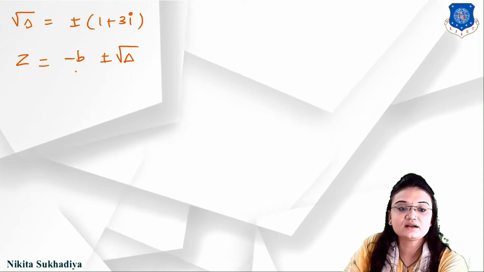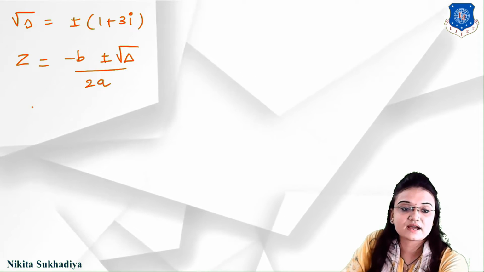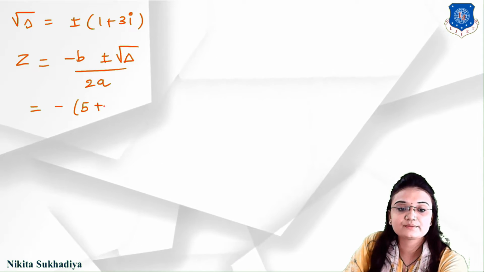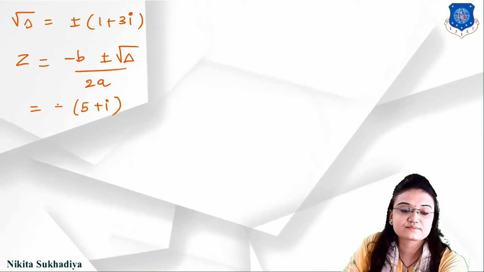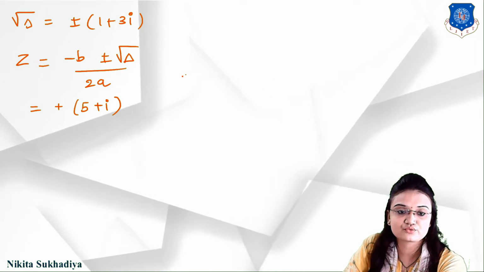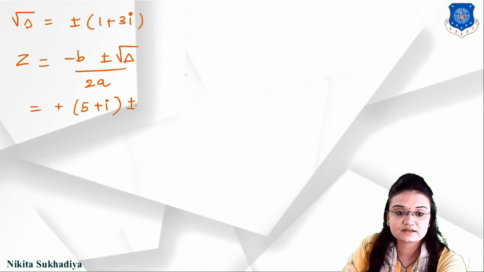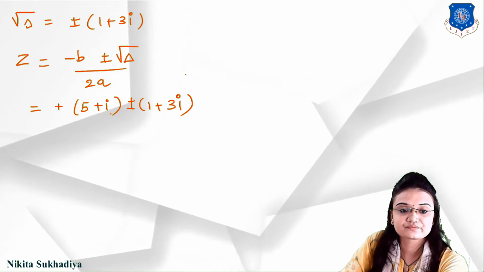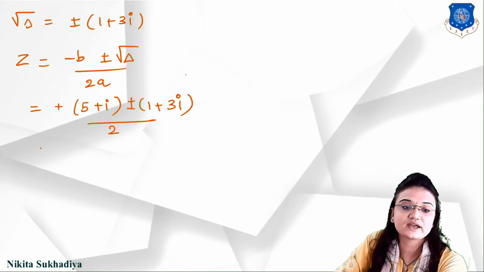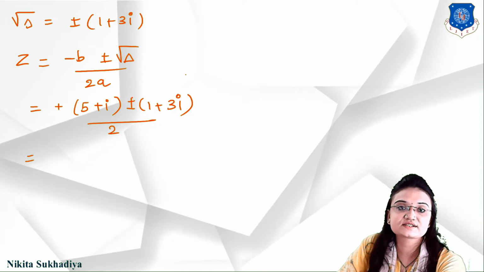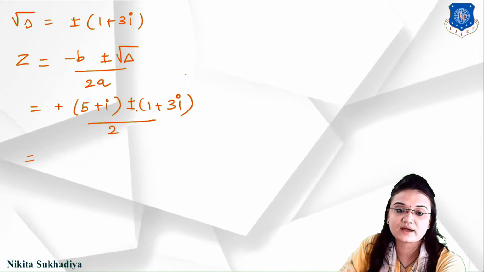So the solution for this quadratic equation will become z is equal to minus b plus or minus square root of delta, divided by 2a. Minus b is minus minus (5 plus i), because we already have b in negative form, so 5 plus i, plus or minus square root of delta, that is 1 plus 3i, and divide by 2a, where a is equal to 1. So we have the first plus value and the second minus value.